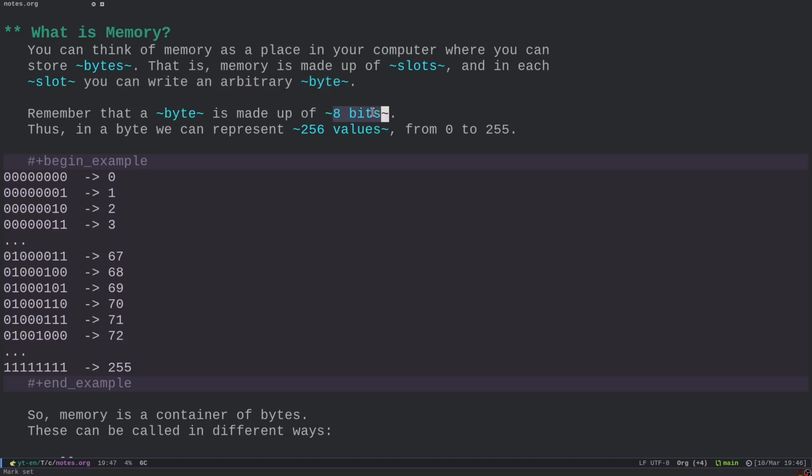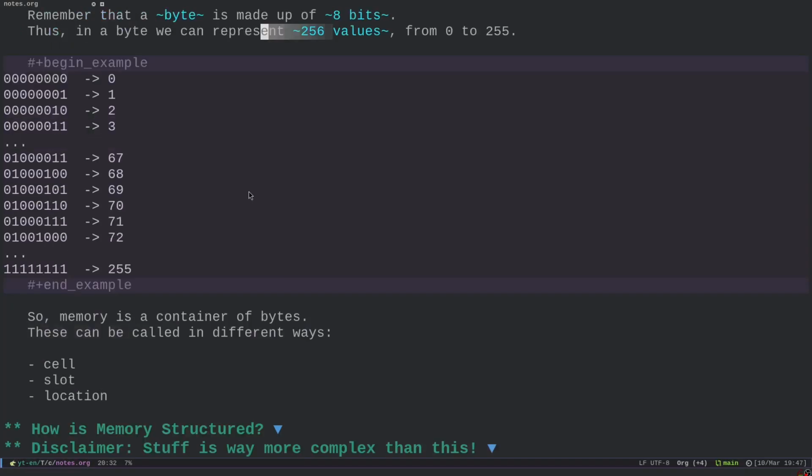And this means that with 8 bits we can represent 256 values from 0 to 255. So here you can see the mapping between the sequence of bits and the decimal number. We can also write it in hexadecimal, it does not really matter. Basically, the idea is that with 8 bits we get from 0 to 255, that's a single byte.